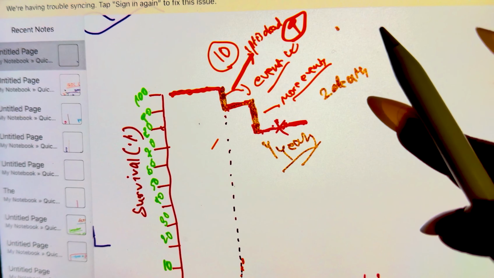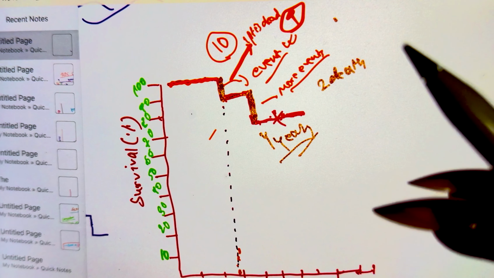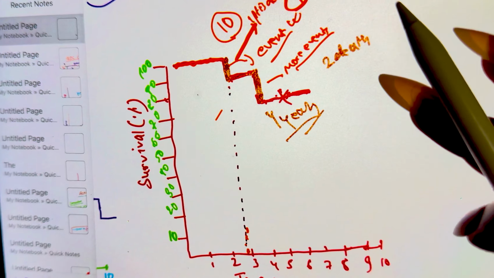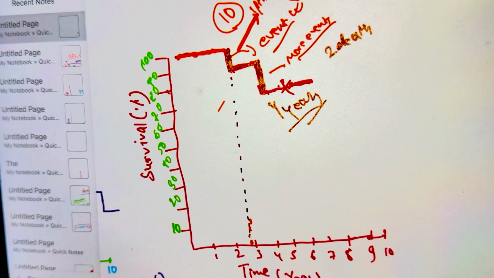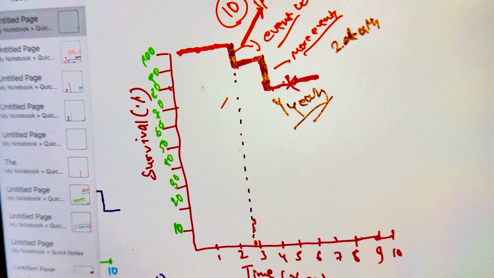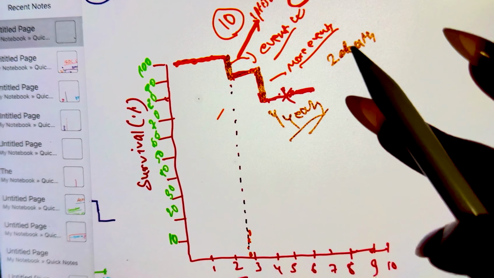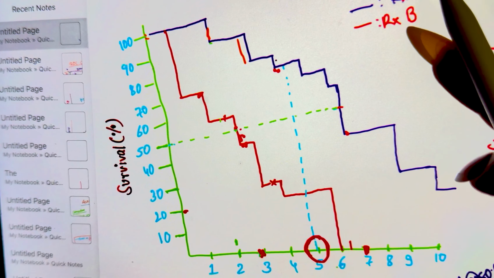Now what are we expected to answer whenever this diagram is given? Suppose we might be asked about the median survival. I'll explain in this diagram first, and then you will understand.